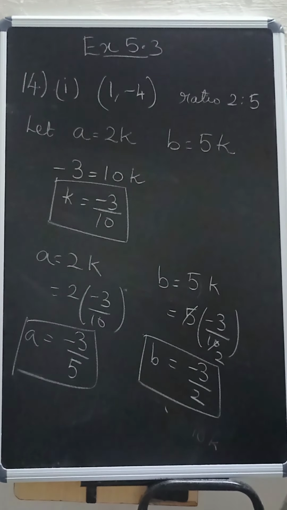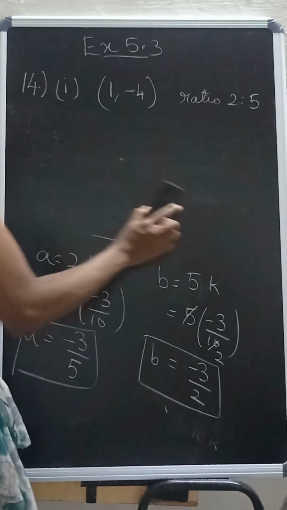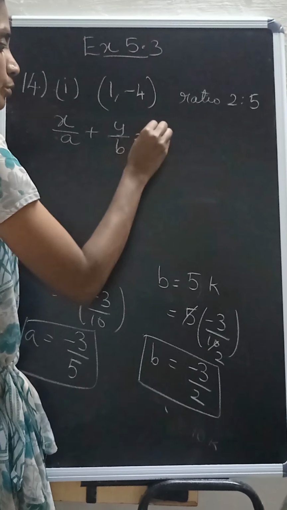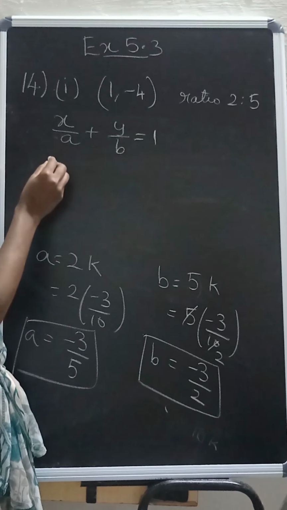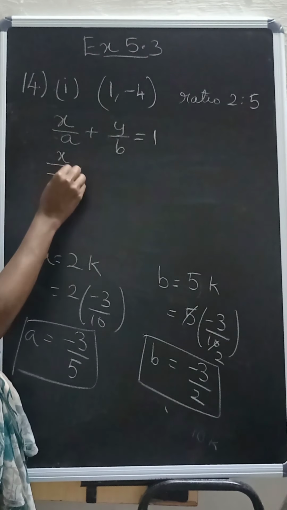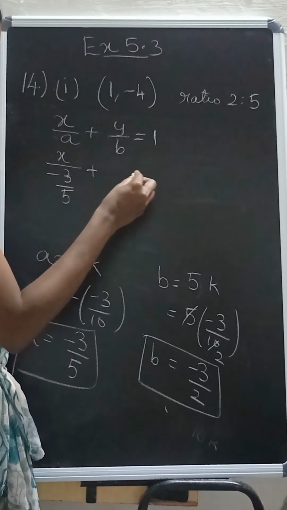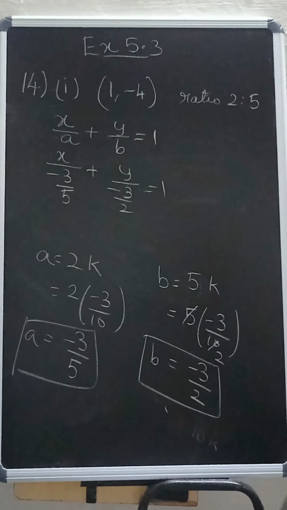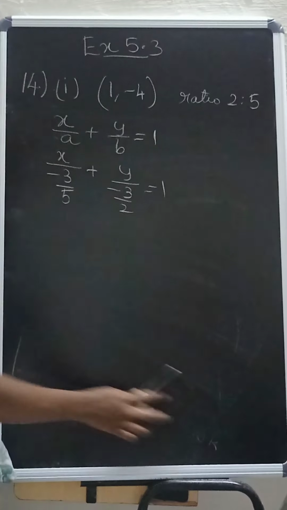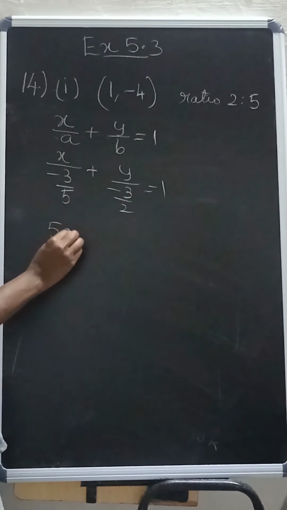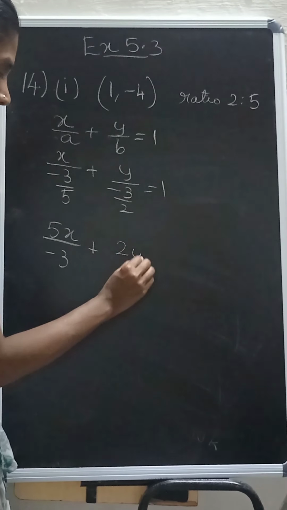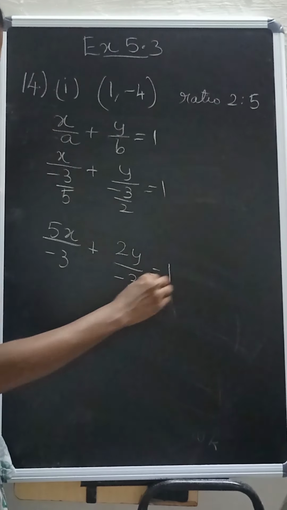They are asking you to find the equation of the straight line. So now what is the equation of the straight line? x by a plus y by b is equal to 1. Substitute the values of a and b in this equation. x by minus 3 by 5 plus y by minus 3 by 2 is equal to 1. 5x by minus 3 plus 2y by minus 3 is equal to 1.